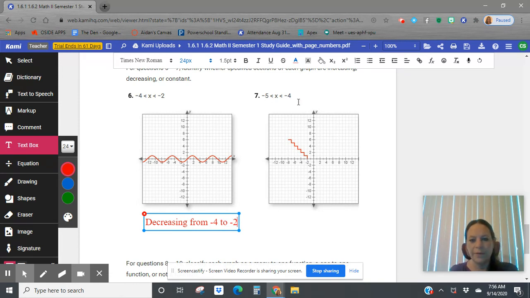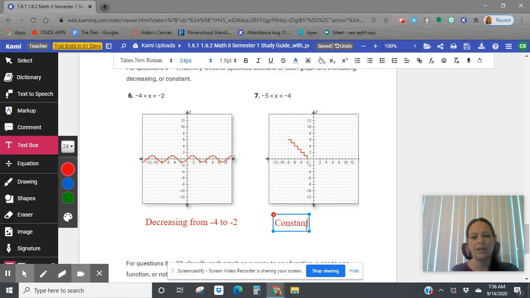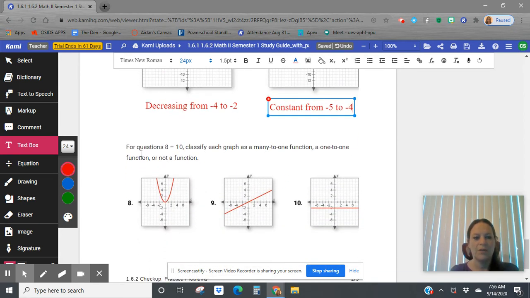And then right here from -5 to -4. So just this little tiny section right here. Notice there's like a flat section of the line. So we're going to say that this one is constant from -5 to -4 because it's flat.